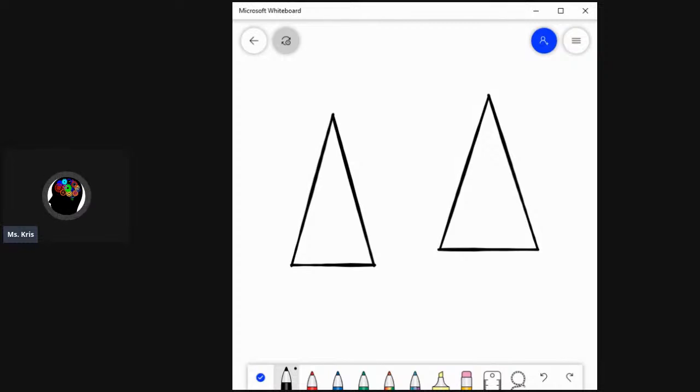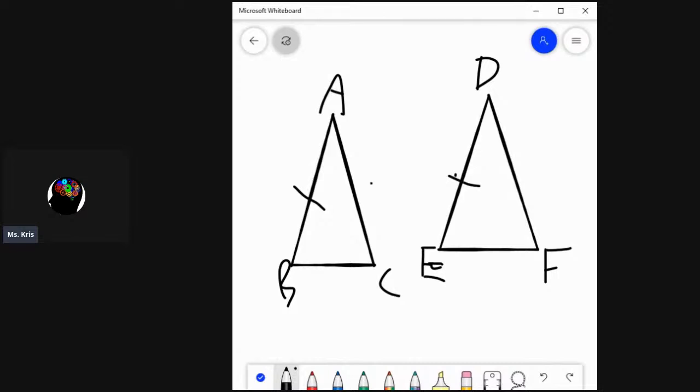So triangle ABC and triangle DEF can be congruent if all 6 parts are proven to be congruent.